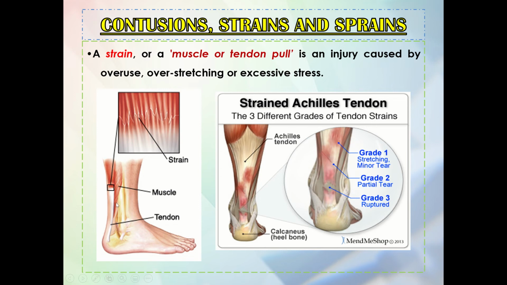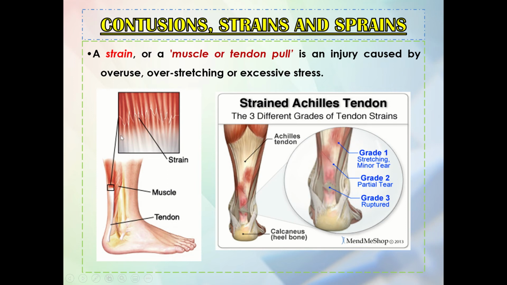Such as in this image, so nakita natin this is our tendon. Sa tendon, it is like the one that connects your muscle to the bone. So parang siya yung bridge connecting the muscle and your bone. So ito, the tendon here, such as the Achilles tendon, kung tawagin.